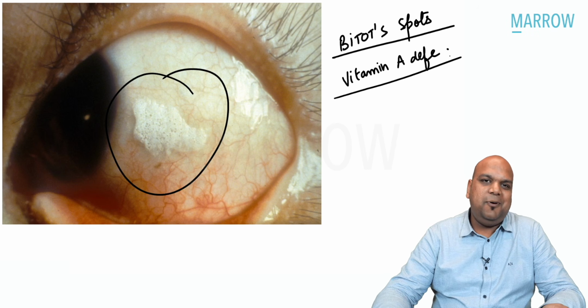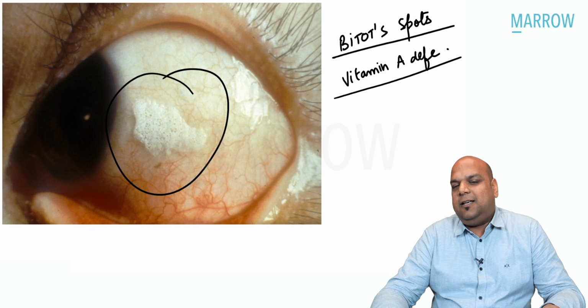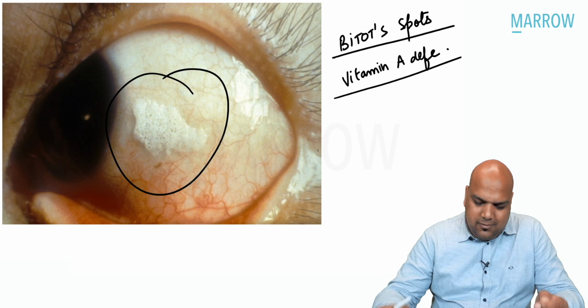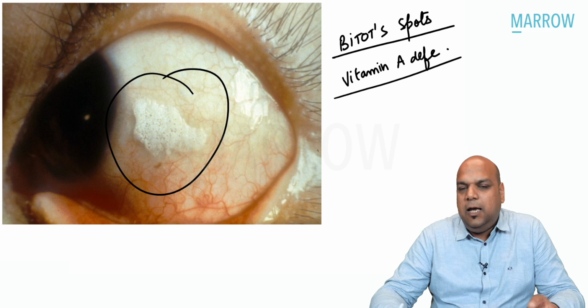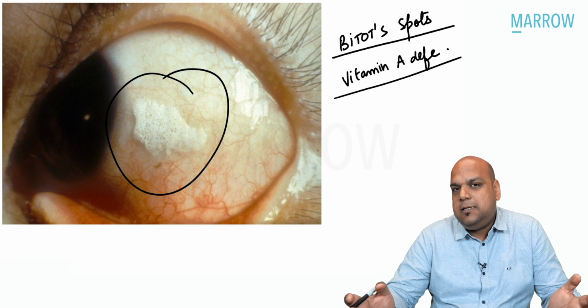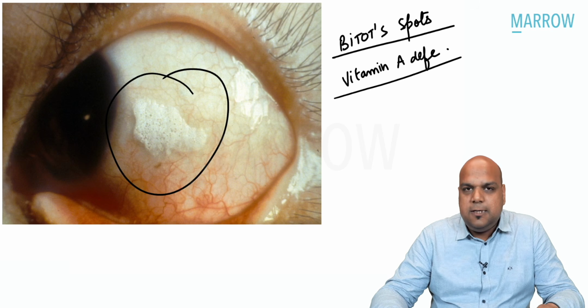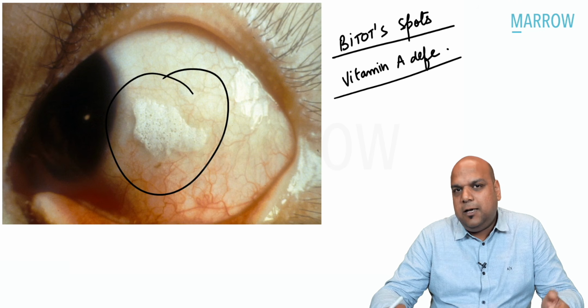I don't think so. Please remember X1A, X1B, X2, X3 and so on. You know all that. This is X1A, Bitot spot. X1B is conjunctival xerosis. Let's move on to the next image. I don't think there is anything else I can discuss about this. Let's make it a quick revision.